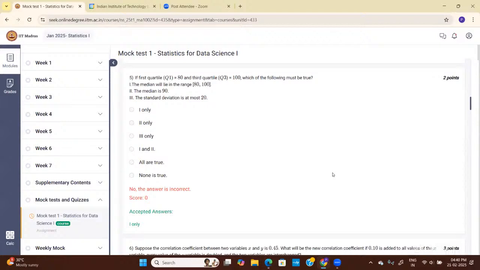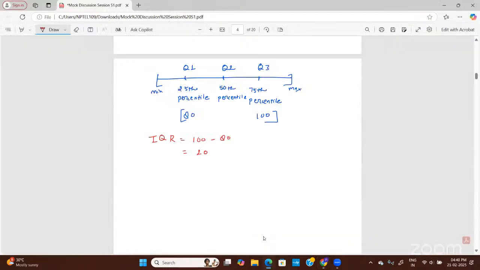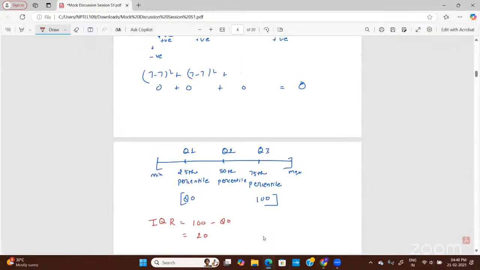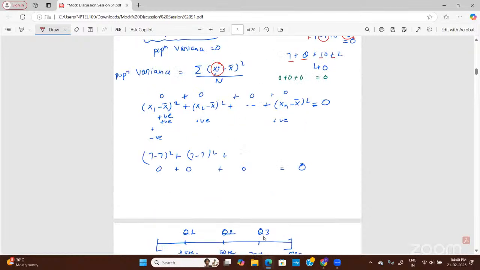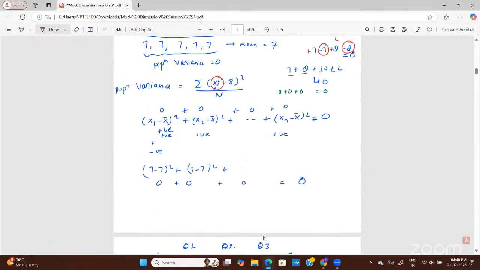Can you repeat statement 3 again, please? Yeah. Standard deviation we find by taking the square root of variance, right? For calculating the variance, we should know all the data points.